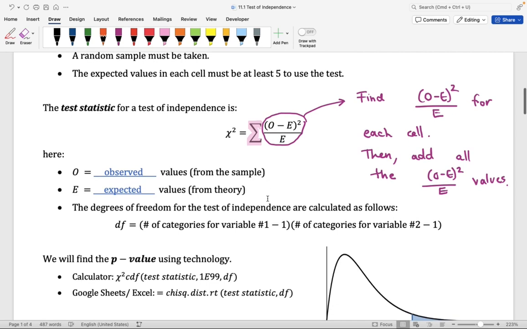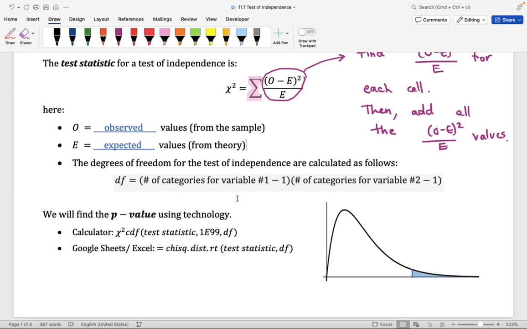Now, the degrees of freedom for this test are going to be calculated as follows. DF, degrees of freedom, is equal to the number of categories for variable number 1 minus 1 times the number of categories for variable number 2 minus 1. On the contingency table, we're going to be able to see how many categories we have for each variable.